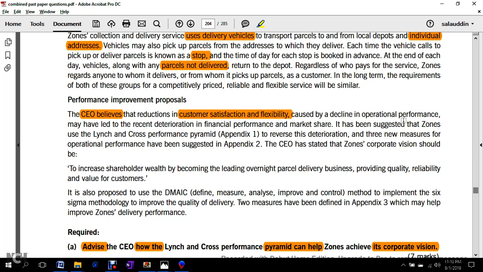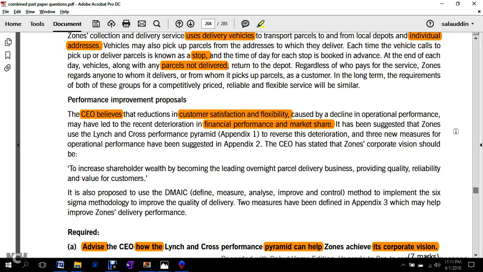So their operational performance is declining, and that is causing reduction in customer satisfaction and flexibility. Why has the deterioration occurred? Decline in operational performance, reduction in customer satisfaction, reduction in flexibility, deterioration in financial performance and market share. So their financial performance and market share have deteriorated due to all these things.